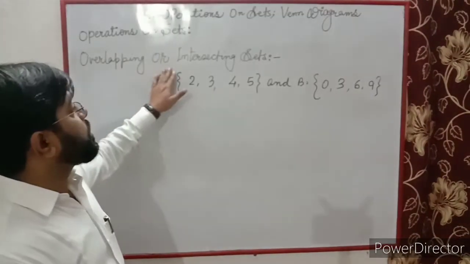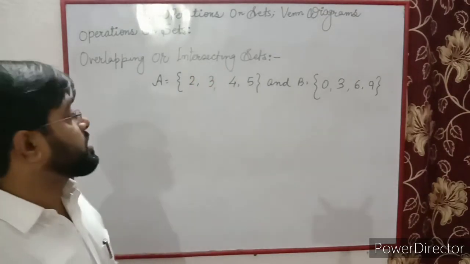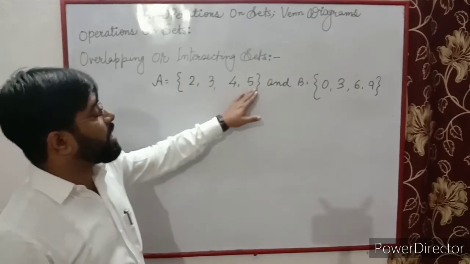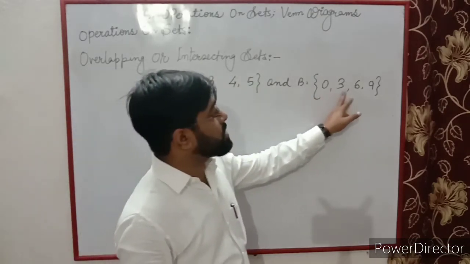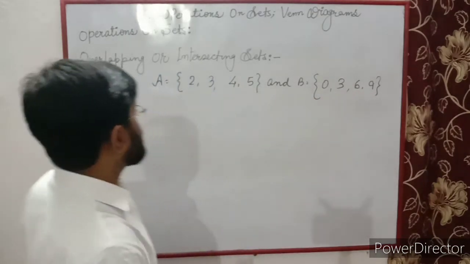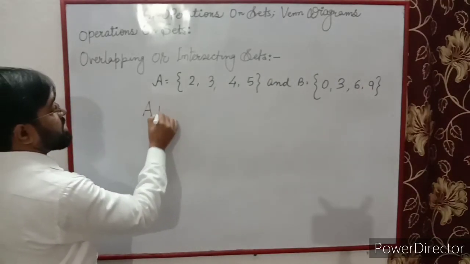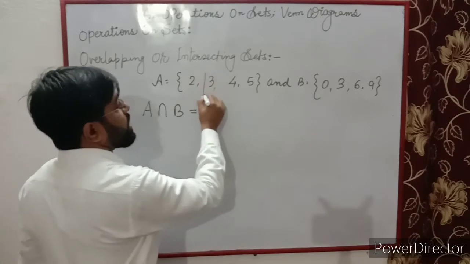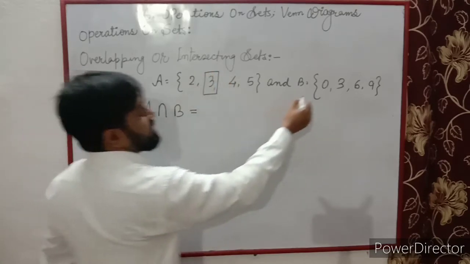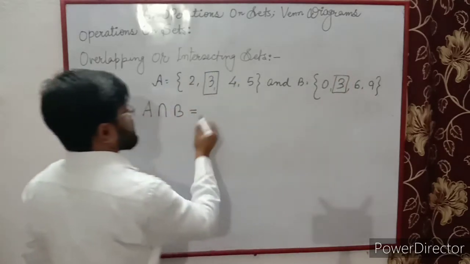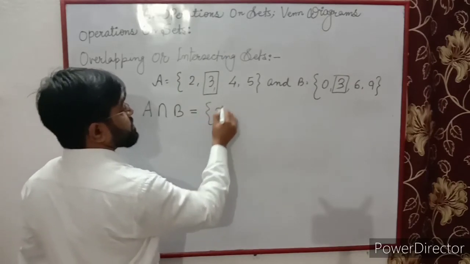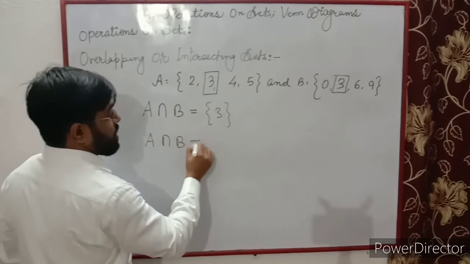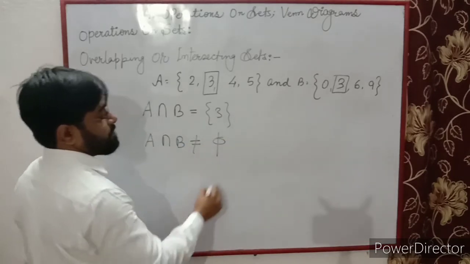Now overlapping or intersecting sets. Suppose we have two sets, set A having elements 2, 3, 4, 5 and set B having elements 0, 3, 6, 9. Now A intersection B has at least one element in common in both sets, so 3. So A intersection B is not equal to the empty set.